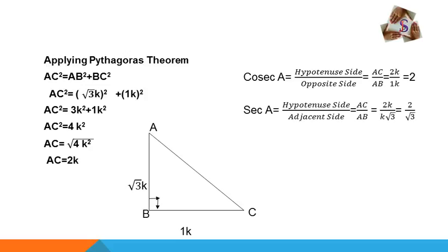Secant A is the reciprocal ratio of cos A. So secant A is 1 by cos A. So it is hypotenuse side by adjacent side, that is AC by AB, that is equal to 2k by root 3k, that is equal to 2 by root 3. Therefore, cosecant A plus secant A is 2 plus 2 by root 3. We find the LCM, so it will be 2 root 3 plus 2 whole divided by 3.